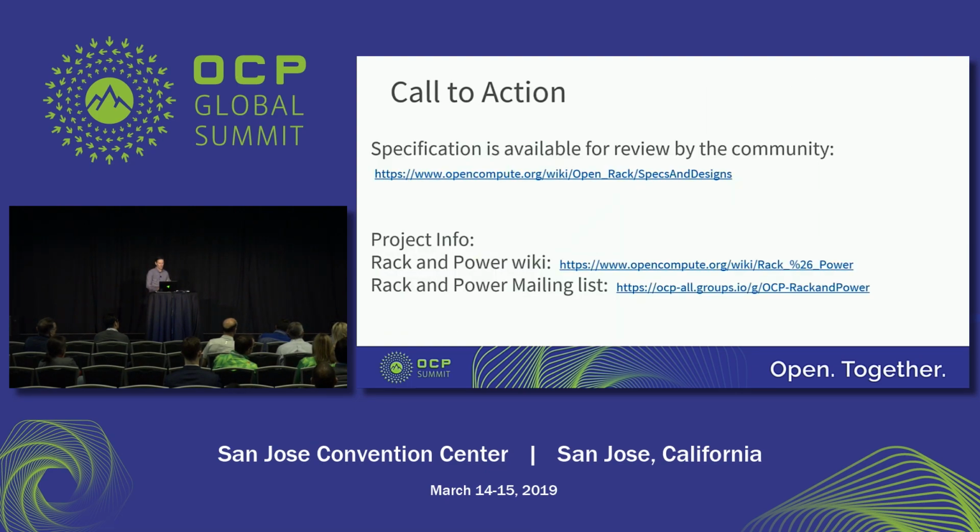So here's what we've got going on next. As of right now, the specification that's covering all this work is out on the Rack and Power Wiki, so you can go and download that. The next thing we're going to be doing is, once we get feedback from the community, we will be building prototypes of this particular infrastructure to be available later this year.